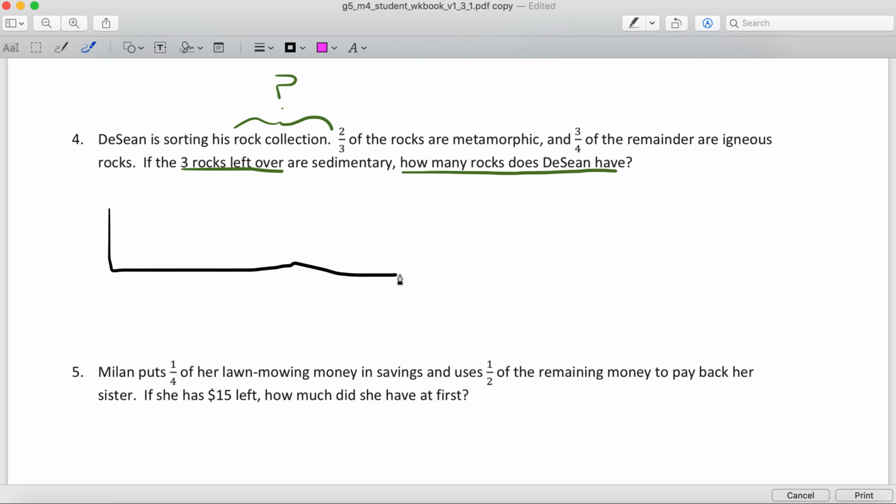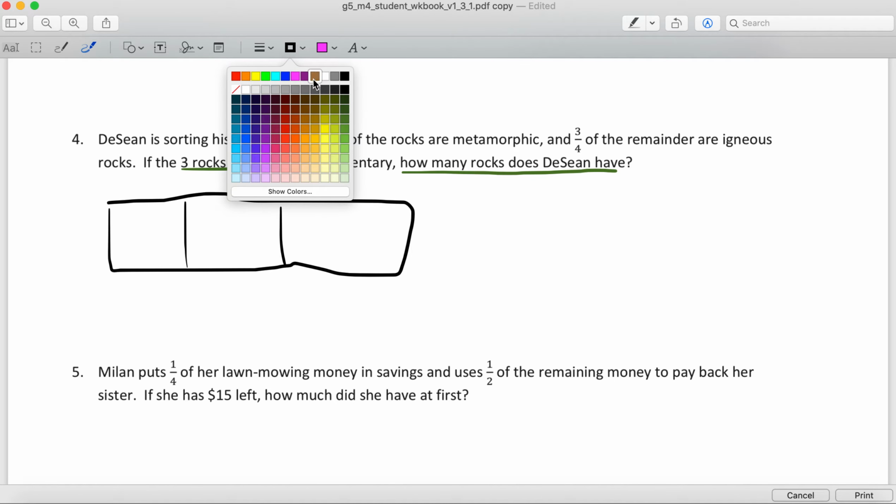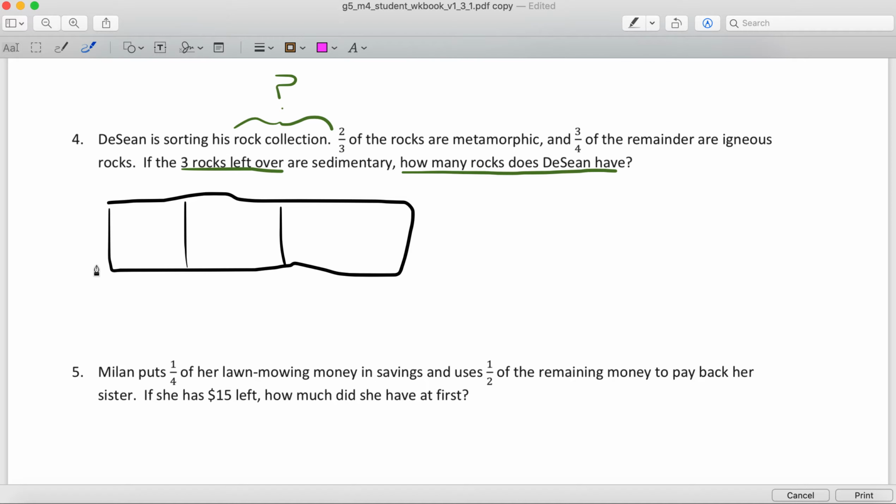All right, so what do we know so far? We know that 2/3, probably should have drawn this a little bit bigger. 2/3, and you know how to represent 2/3. 2/3 of the rocks, shading in 2/3, are metamorphic.